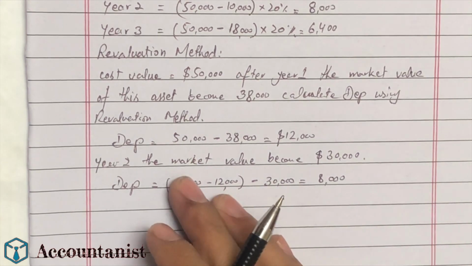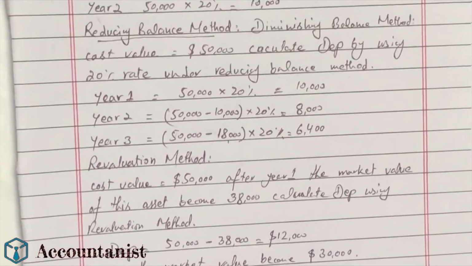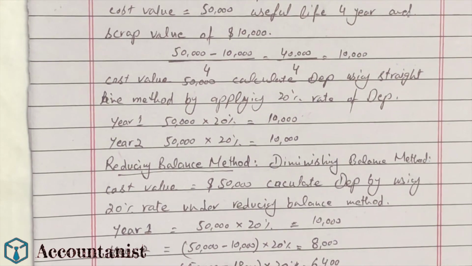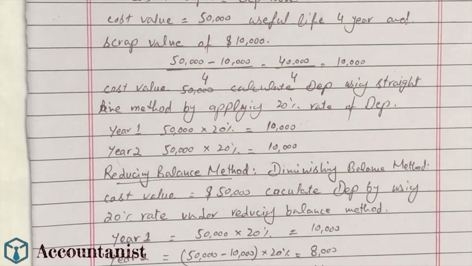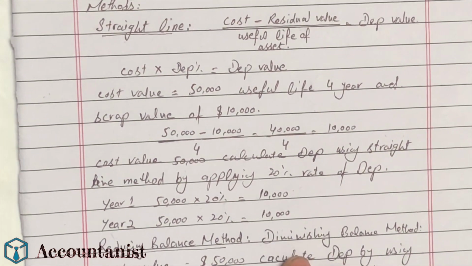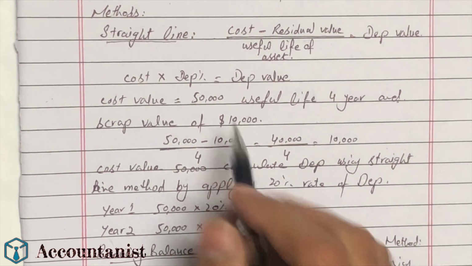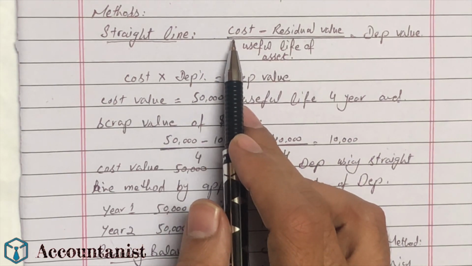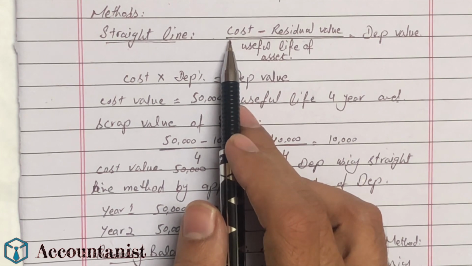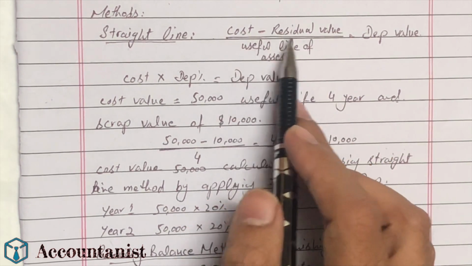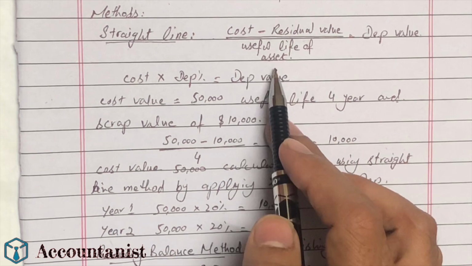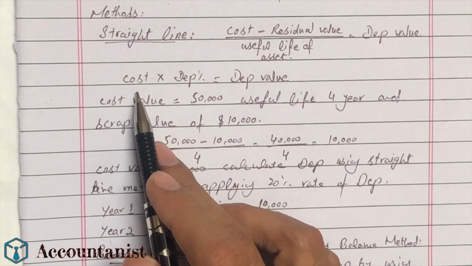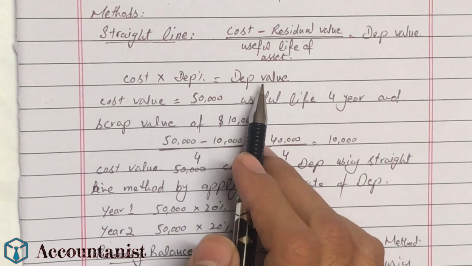So these are the main methods that we have in depreciation. The first method that we have is called the straight line method. The straight line method we do in two ways. The first one is by applying this formula, cost minus residual value divided by the useful life of an asset, or they can give us the cost and the depreciation percentage.